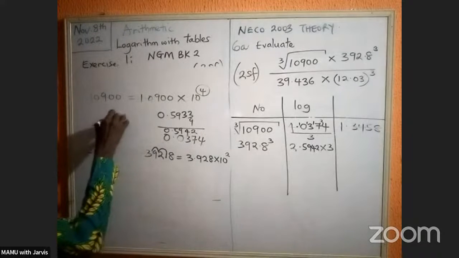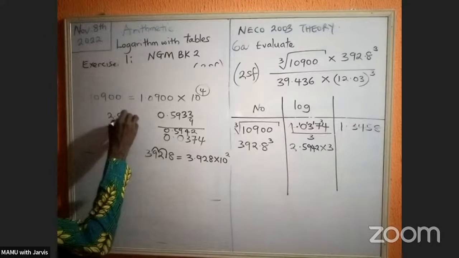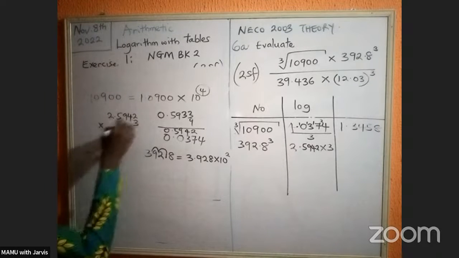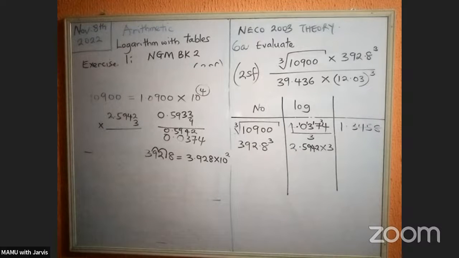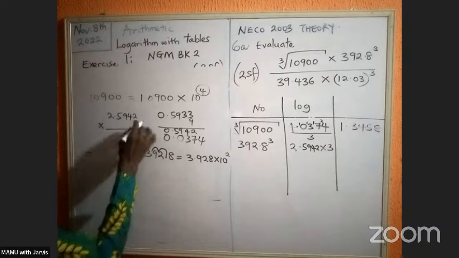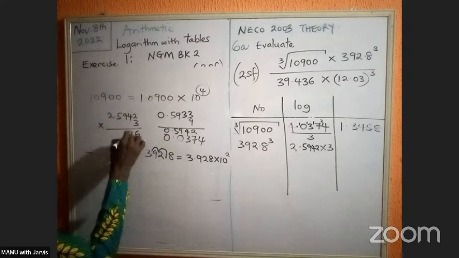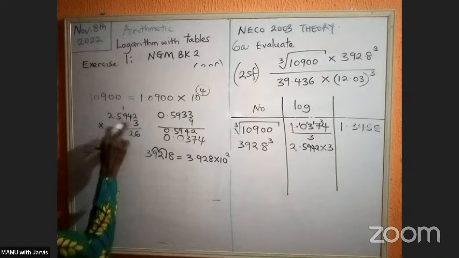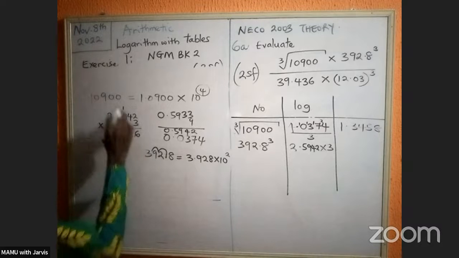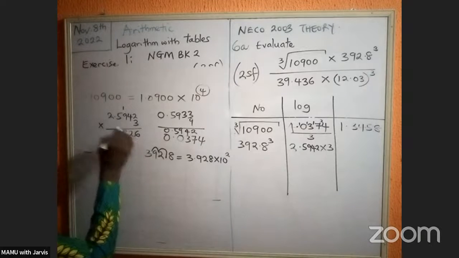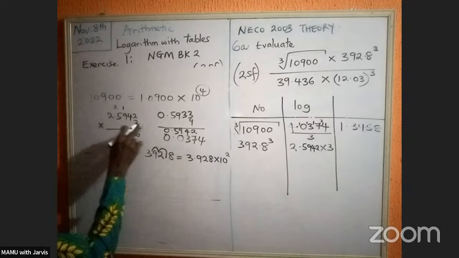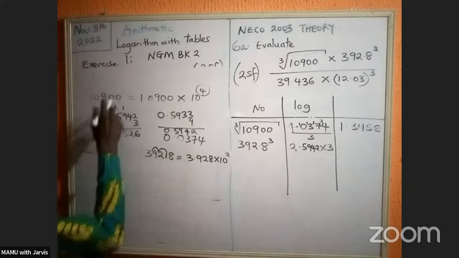So I'm going to multiply this by 3. 2.5942 times 3. Because the fact that you're using a logarithm table means you are not expected to use the calculator. 2 times 3 will be 6. 4 times 3 is 12, carry of 1. 9 times 3 will give me 27. 27 plus 1 will give me 28, carry of 2. 5 times 3 will give me 15 plus 2.